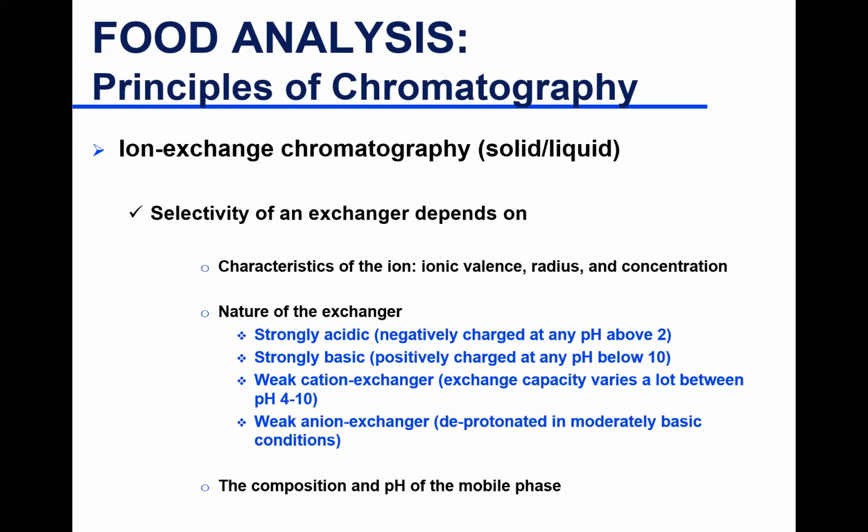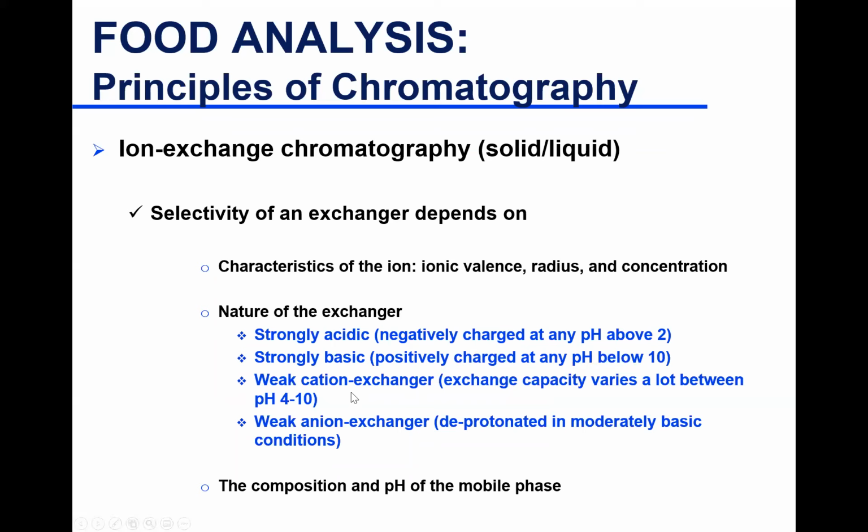Here's just a little bit more explanation on the nature of the exchanger. When it's a strong acid, it's negatively charged over a wide range of pH. Anything above pH 2, it's negatively charged. So it's not impacted by pH, and you'd rather run an isocratic separation. When you have the strong base, it's also positively charged at any pH below 10. So it's a wide range of pH where it's not going to be impacted by any changes in pH.